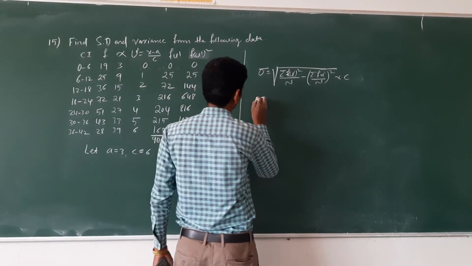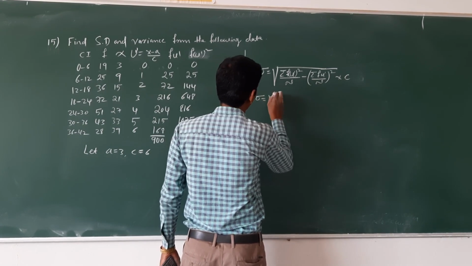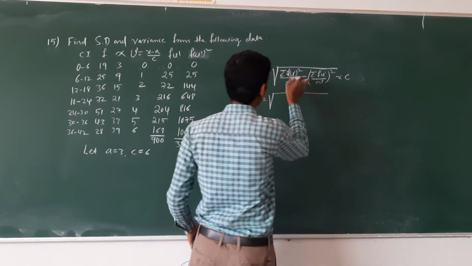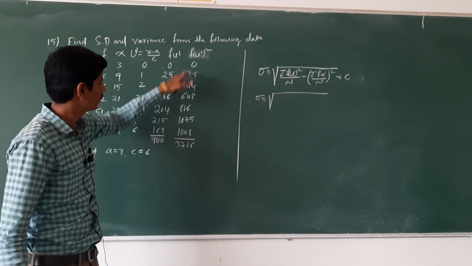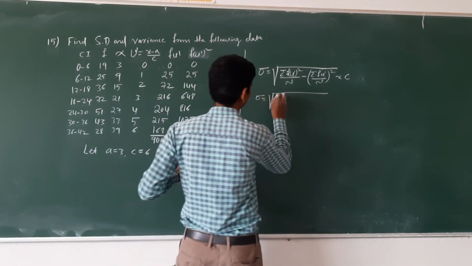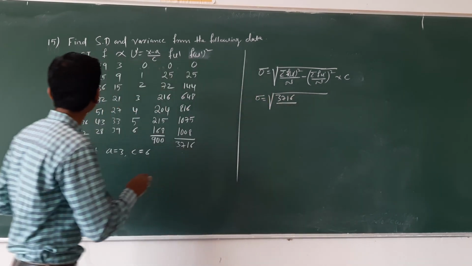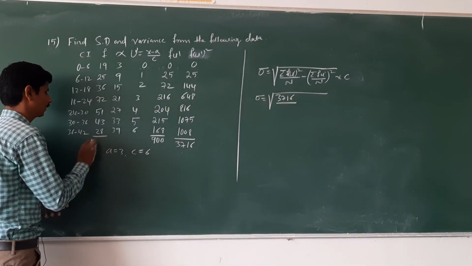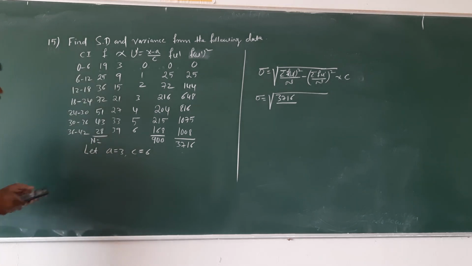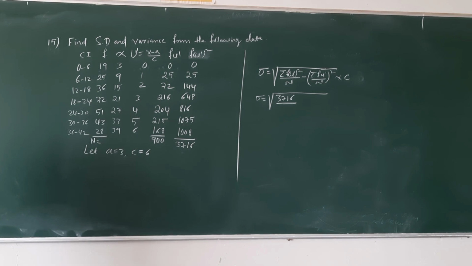Sigma equal to under root of fu dash square by capital N. Here fu dash square is 3716. Capital N is the sum of frequencies: 19 plus 25 plus 36 plus 72 plus 51 plus 43 plus 28.